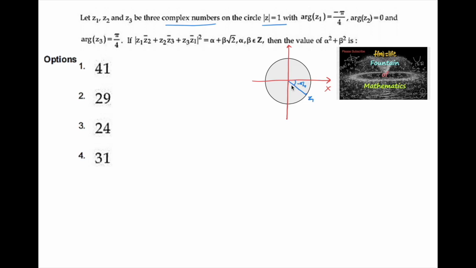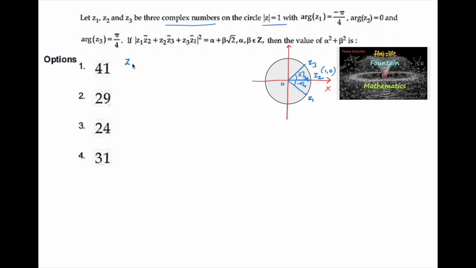The argument of Z2 is 0, so we can consider it on the x-axis, clearly the point 1 comma 0. And the argument of Z3 is pi by 4.